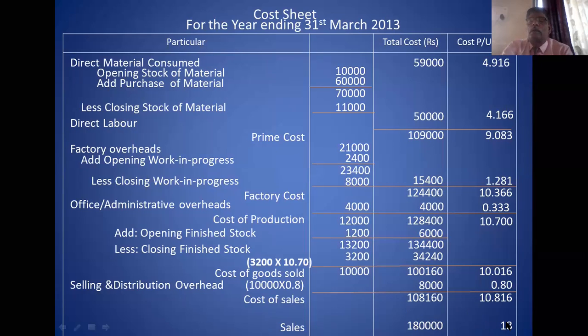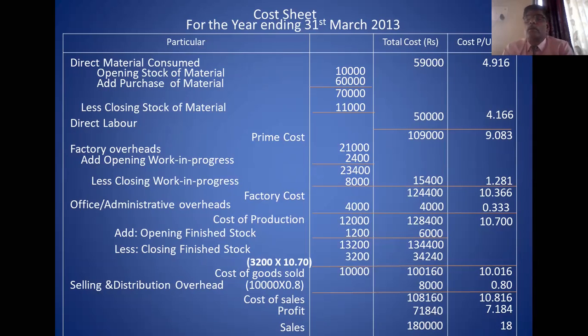And the difference between these two is called profit or loss. In this problem, sale is more. Therefore, difference is called profit. Total profit is 71,840. Per unit profit is 7.184.